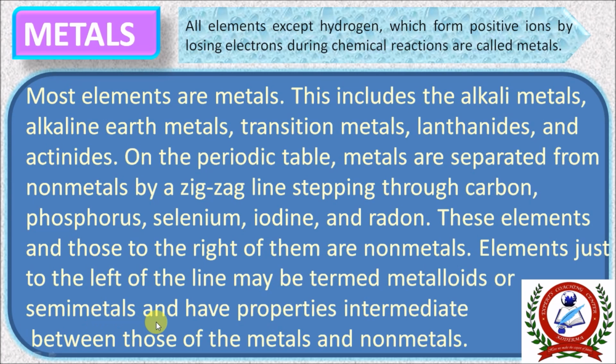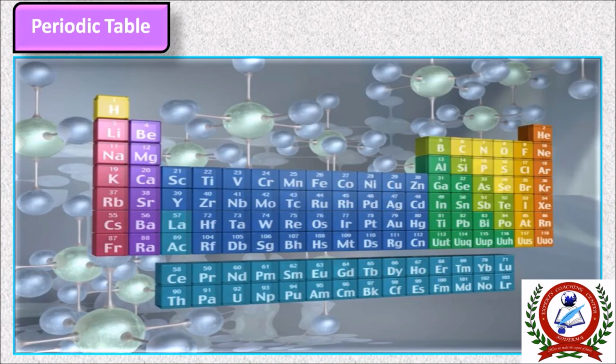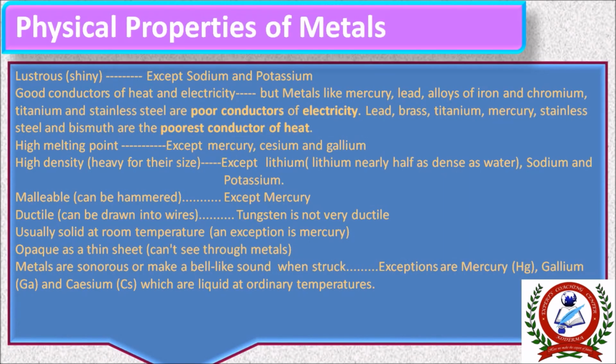Metalloids have both the properties of metals and non-metals. You can see here easily in the periodic table. This is the zigzag line I was talking about: carbon, phosphorus, selenium, iodine, and these all are non-metals, and these all are metalloids, except these all are metals.